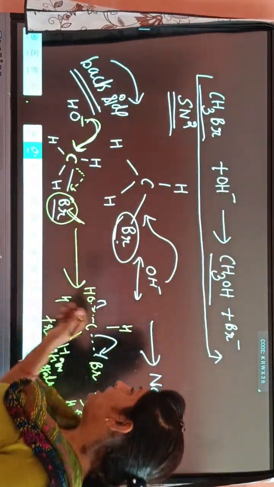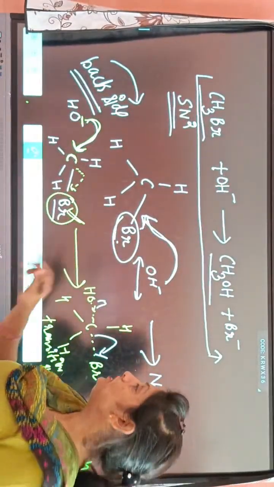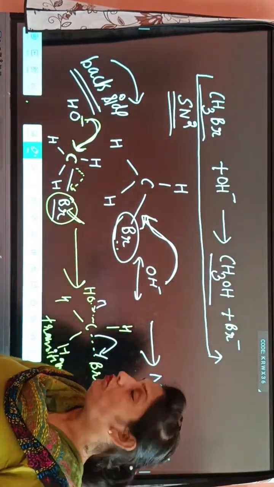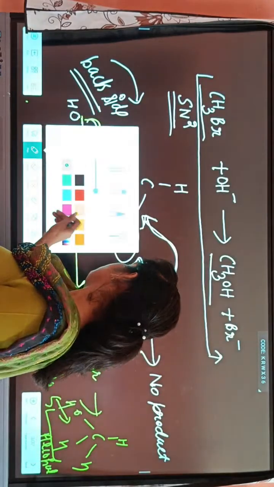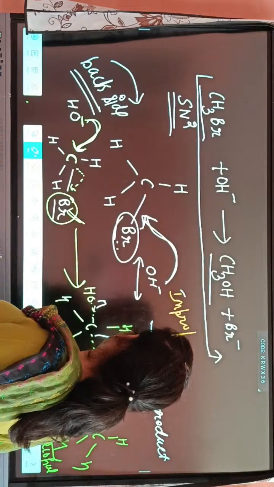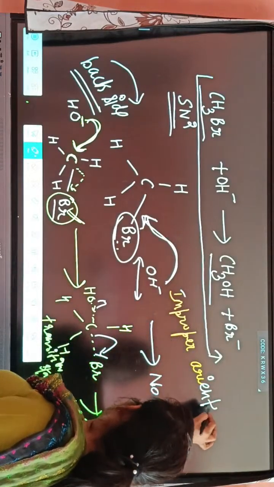So students, if you attack with this hydroxide ion from this side, you do not get any product, because this is not the proper orientation, it is an improper orientation.